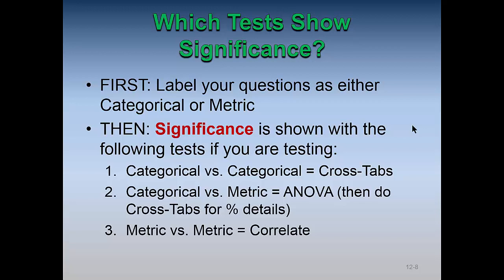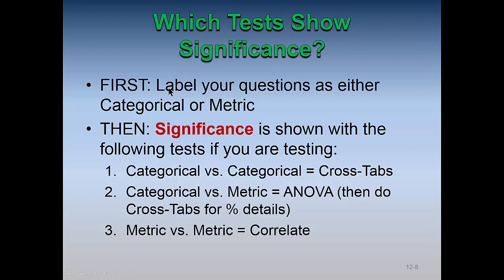So this particular slide is really, really important because it shows you the three different types of tests that we're going to use with Excel Data Analyst. What you need to do is really summarized in this slide, and then the following slides go into more detail.